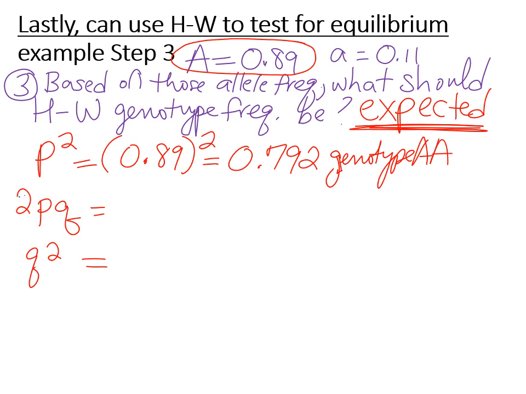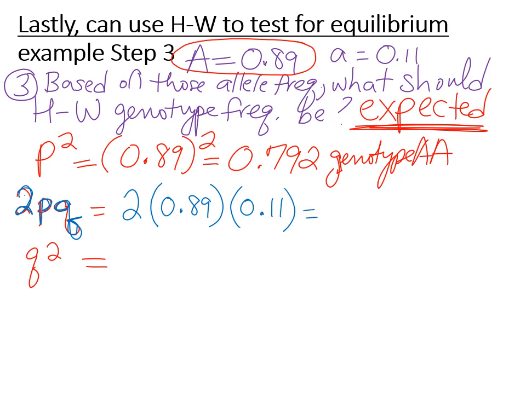Then we have, I'll change the color of it, 2pq, and 2pq, remember, that is saying capital A and lowercase a. So now we're doing 2 times, what's our capital A frequency? 0.89. What's our second allele's frequency? 0.11.